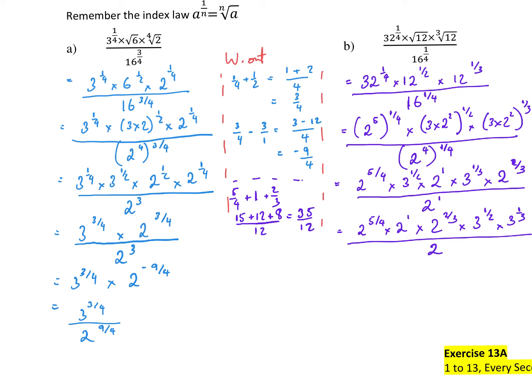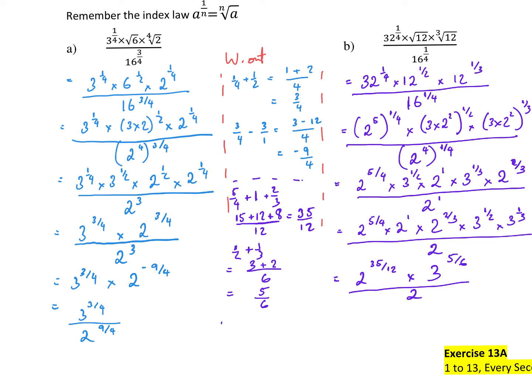35 on 12. Alright, so you've got 2 to the power of 35 on 12 times 3 to the power of, now you've got 1/2 plus 1/3 equals, so 6 is the common denominator, times by 3 and times by 2 is 5 on 6, and divided by 2, and now we can do the 2's together.